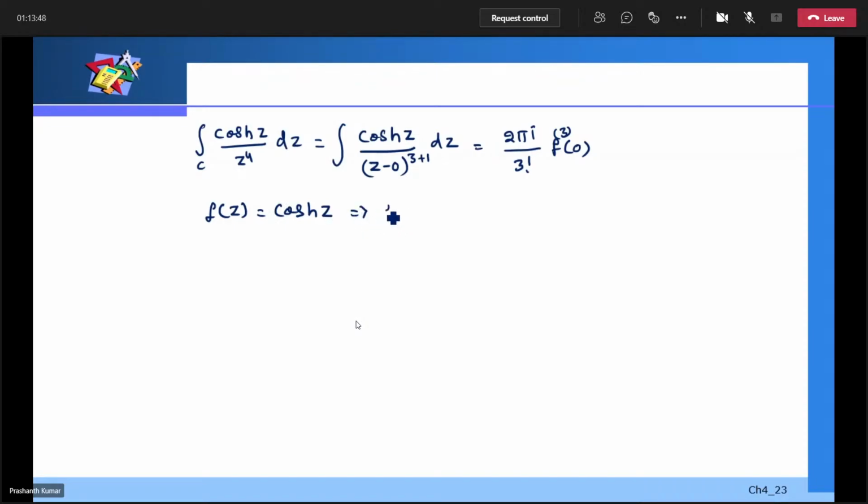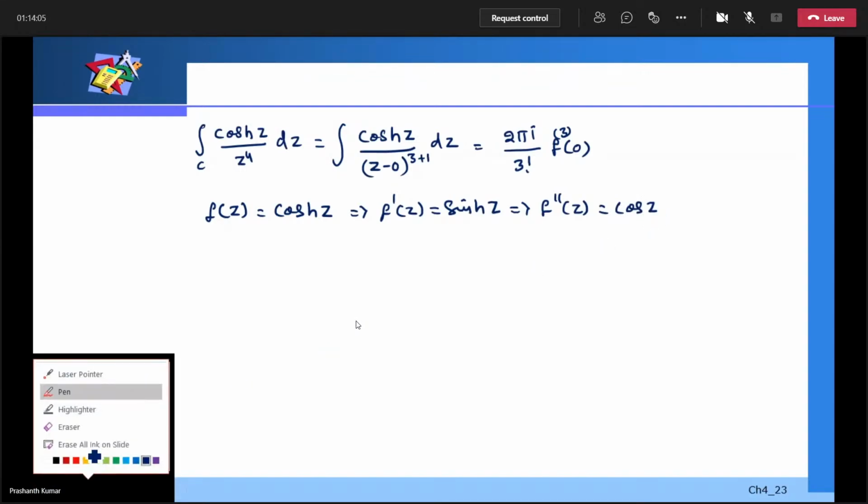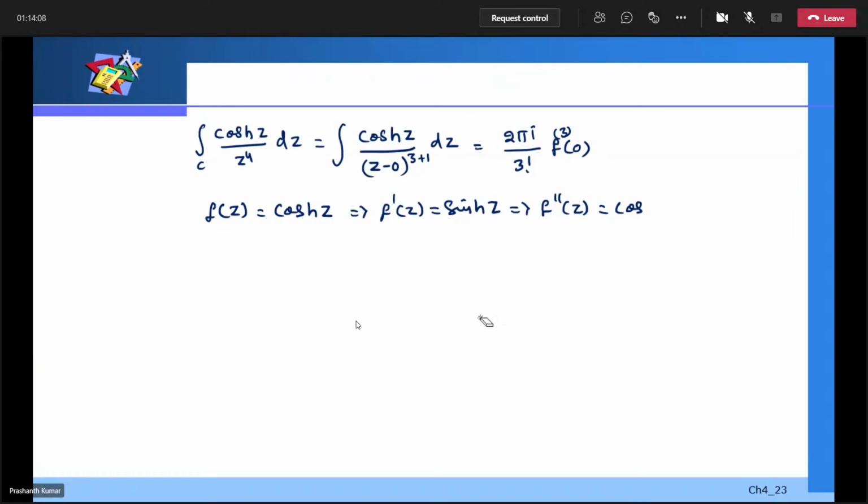This implies f dash z is sin hz, and f double dash z is cos hz. This implies f triple dash z is sin hz.